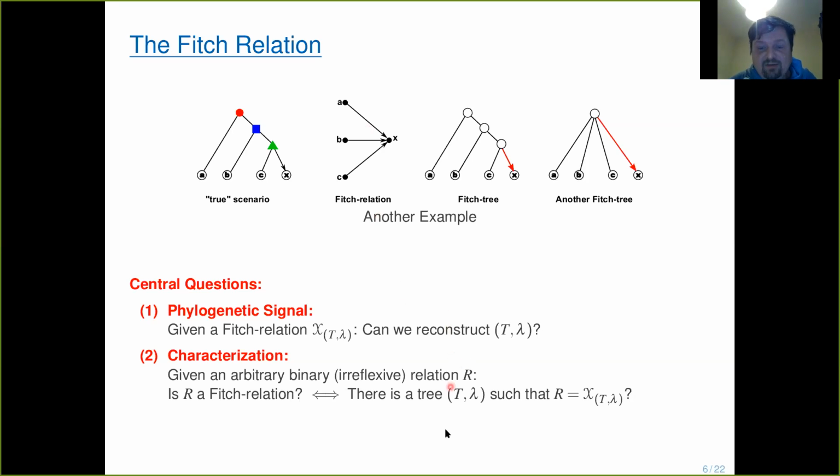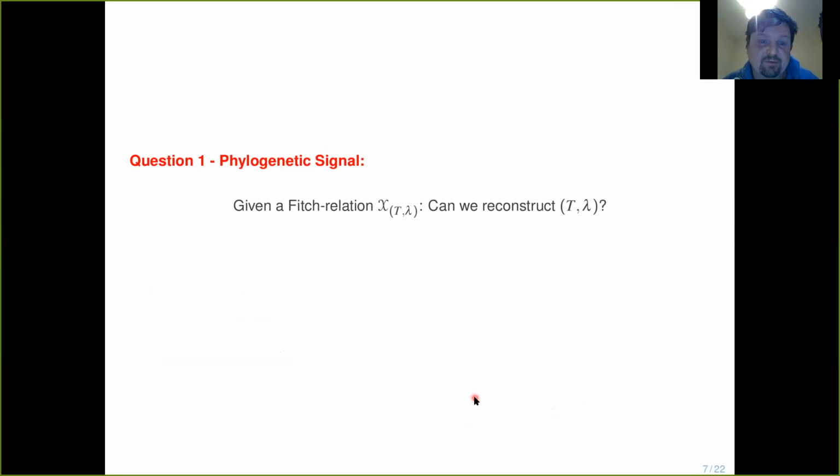Is there a tree T lambda such that R corresponds to the particular Fitch relation that I can obtain from this tree? And these are the two questions I'd like to discuss here. The first question refers to the phylogenetic signal. I give you a relation that I have from some tree, and now I'd like to know how much information about the tree is contained in this relation.